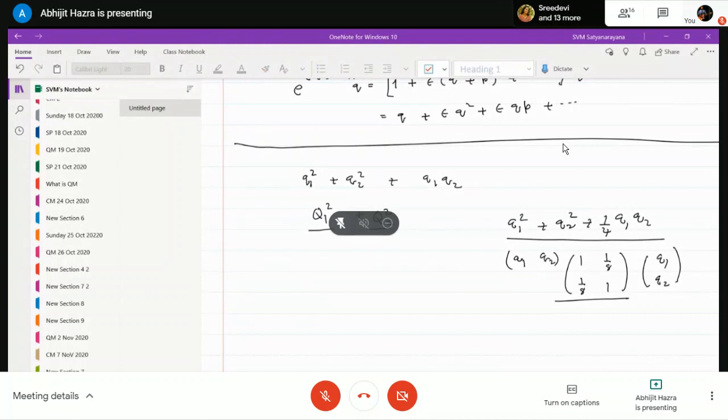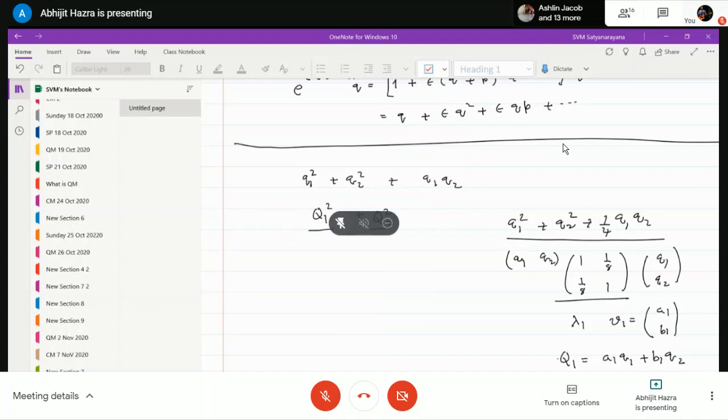Let's say lambda 1 is the eigenvalue and v1 is the normalized eigenvector, with components a1, b1. Then your Q1 will be a1 q1 plus b1 q2. And then let's say you have lambda 2, where v2 is the corresponding eigenvector, a2, b2. Then your Q2 will be a2 q1 plus b2 q2.